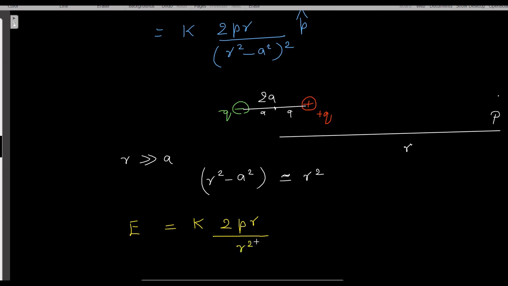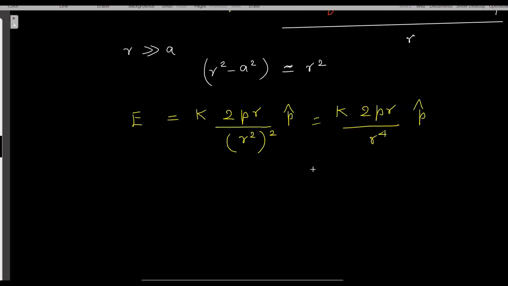So I just write R square, then the whole square is there, into unit vector P. Now this can be written as K into 2pR by R to the power 4 into unit vector P. Or here you can see R and R get cancelled out.